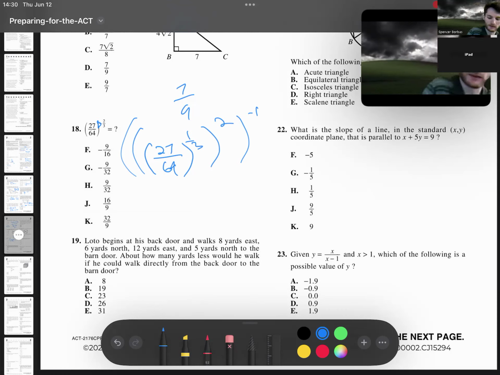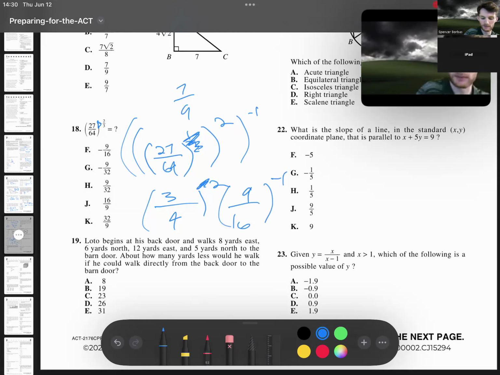I know 27 is equal to 3 times 3 times 3, and 64 is equal to 4 times 4 times 4. So that deals with that. And then I square this. You know what, I'll worry about the negative later. 9, 16, and then I gotta do the negative 1, so it's 16 over 9.